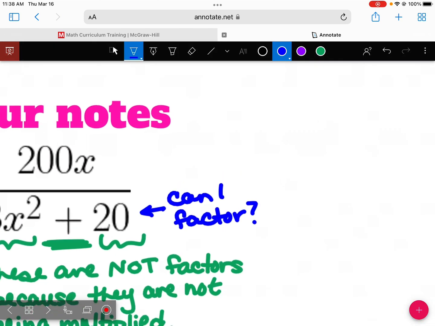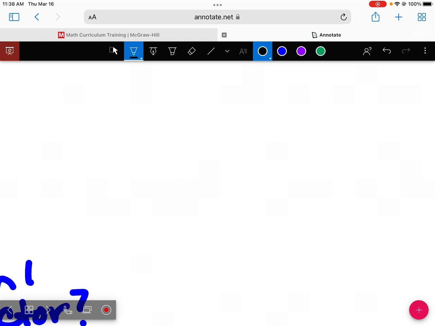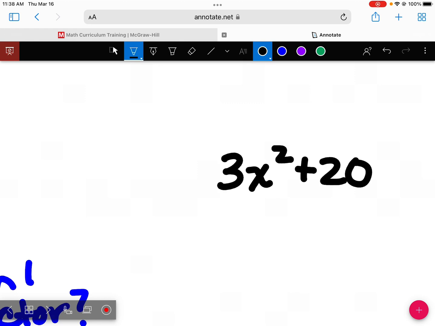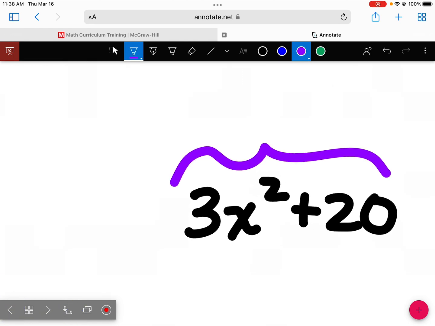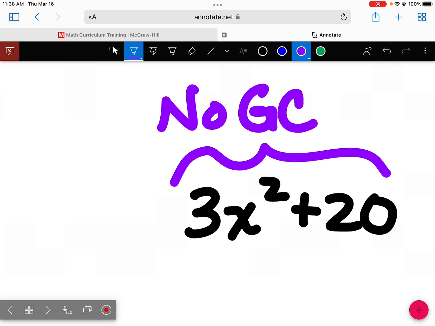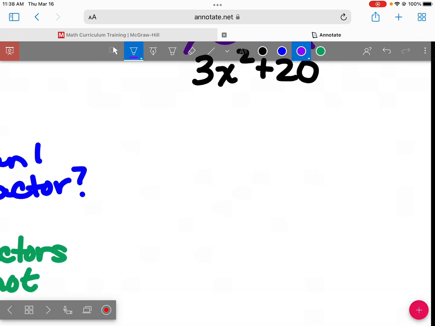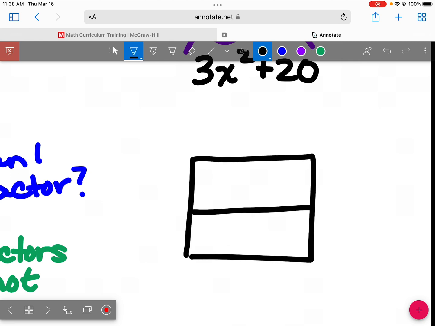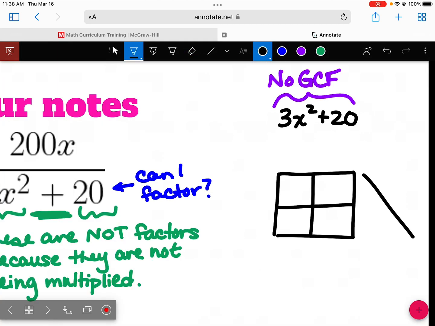All right. Does it have a GCF? Is there anything that goes into 3 that also goes into 20? Nope. 1. So no GCF. That means I'm going to do my area model and my x.